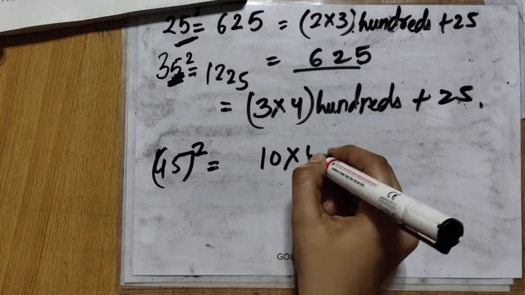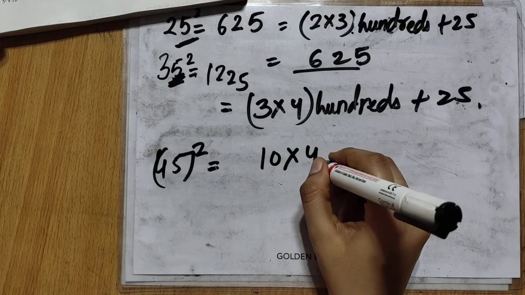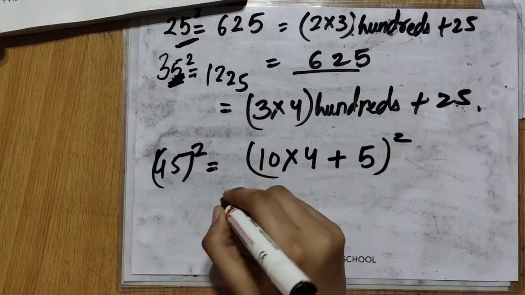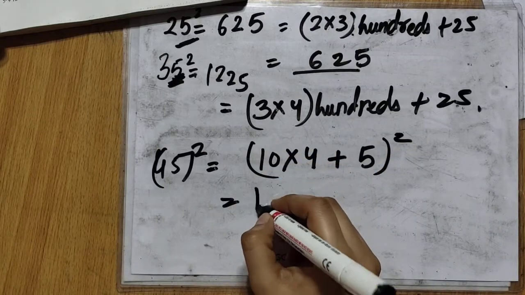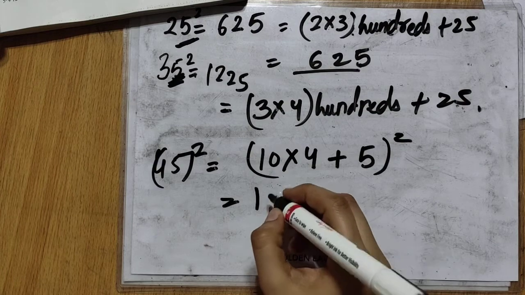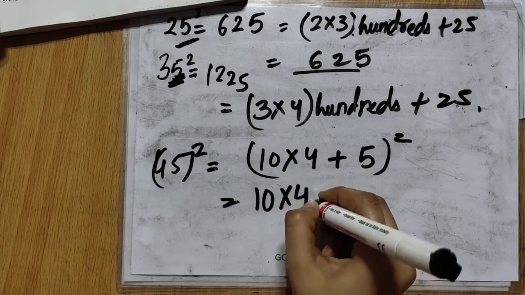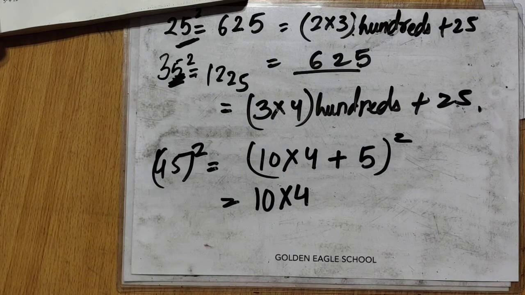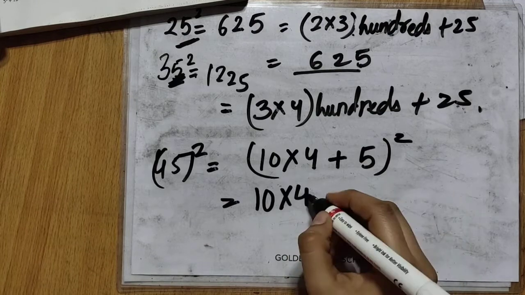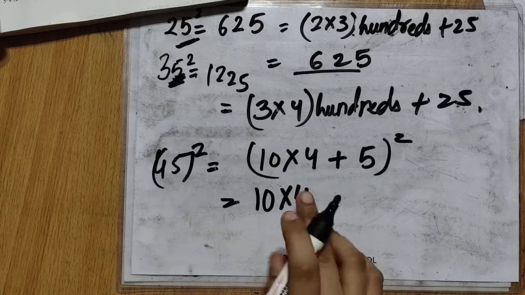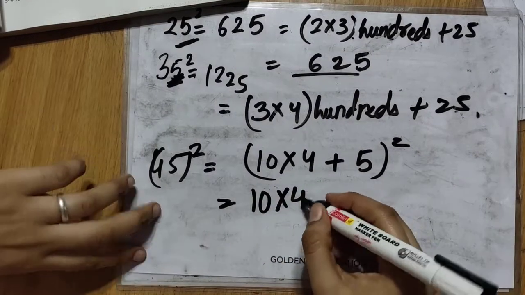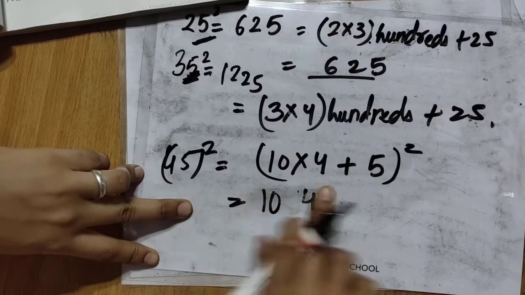So 45 square will be (10 into 4 plus 5) whole square. How will we solve this?